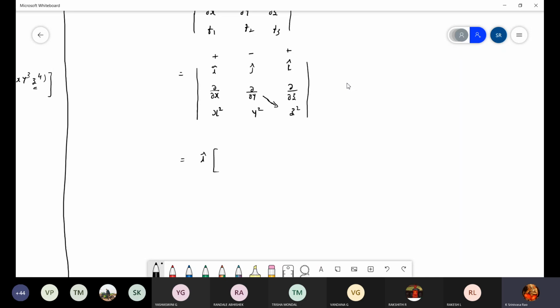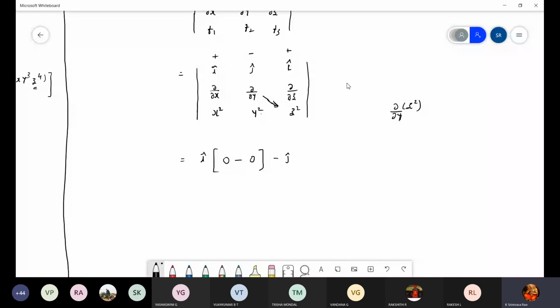Otherwise, if you have confusion, you write like this, dou by dou y of z square, then you write the answer. With respect to y, I am differentiating z square. With respect to y, z is constant. It is 0. I will write directly like this. You also minus dou by dou z of y square is also 0.